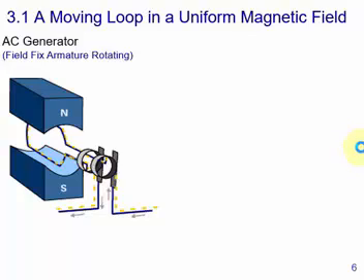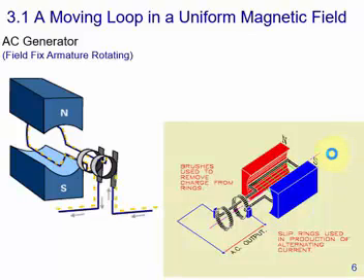There is an AC generator in which the field is fixed but the armature is rotating. This is another diagram which shows that the armature is rotating but the magnetic field is fixed.